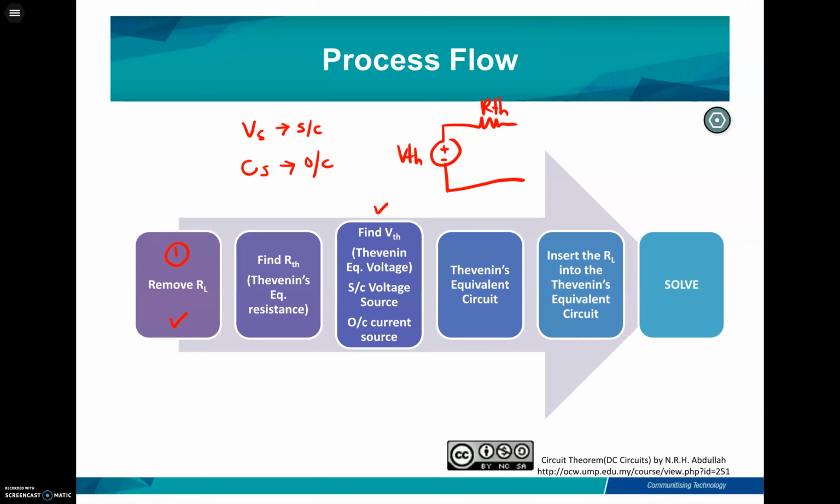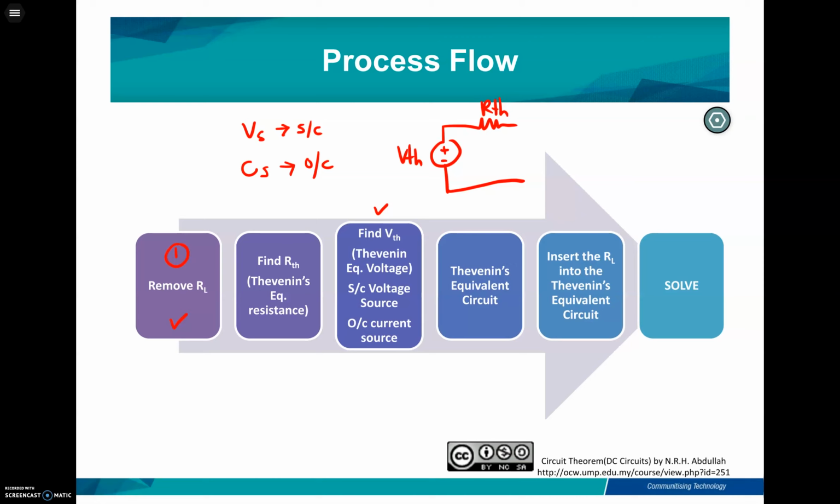For example, if the circuit needs you to find the current that flows to the RL, then by using the V Thevenin and R Thevenin in the Thevenin equivalent circuit, you are able to find the current or voltage across the RL or flowing through the RL.